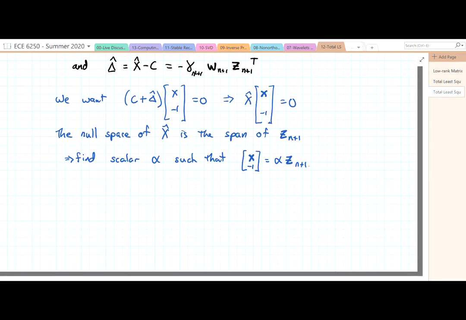Now, it may be the case that we can't. If for some reason the vector Z n plus 1 has a 0 in the last space, then this is not possible to do. But otherwise, it is. And it is possible that we don't have a solution.